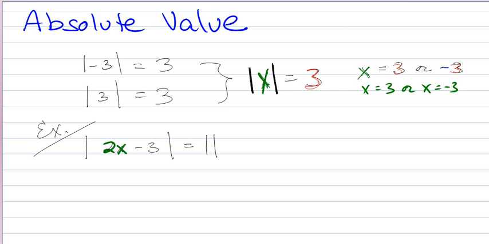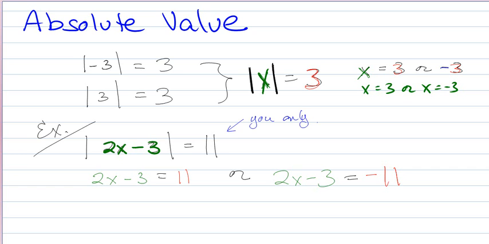If the absolute value of blah is equal to 11, then that means blah is either equal to positive 11 or blah is equal to negative 11. The only thing that changes, you only put a negative on the regular number part.